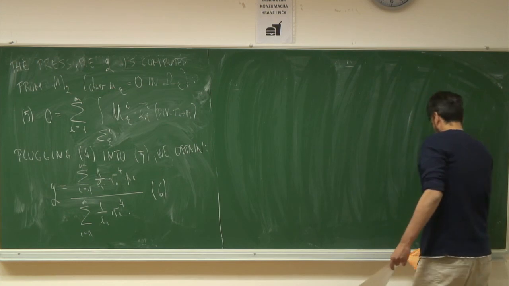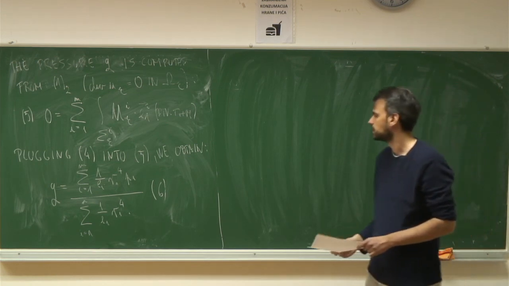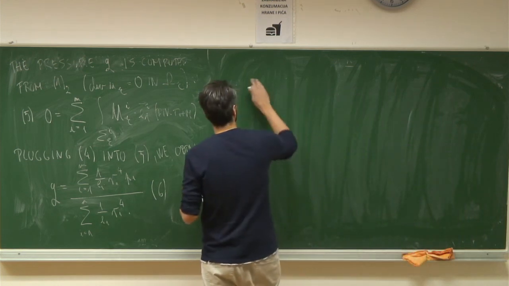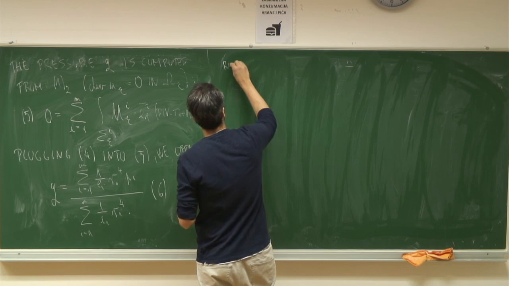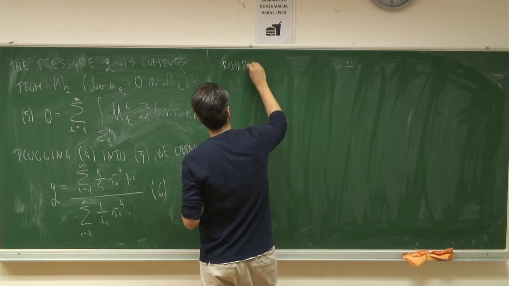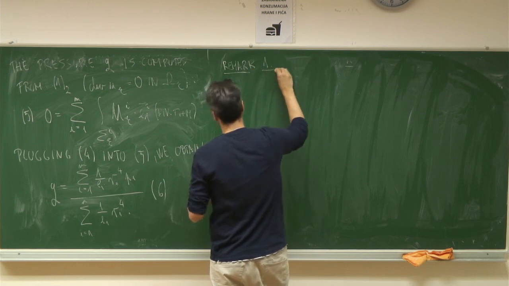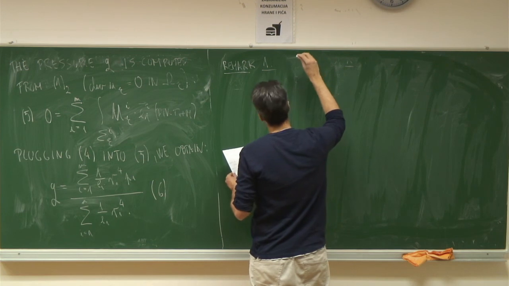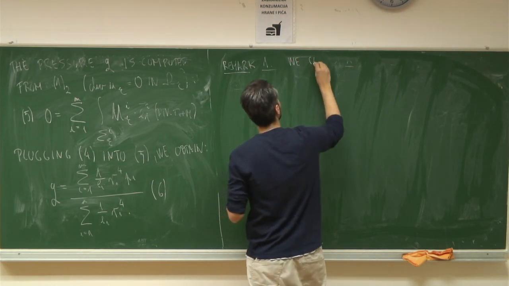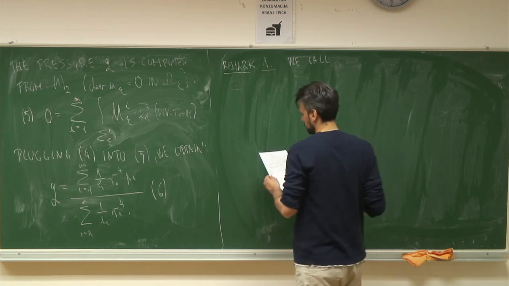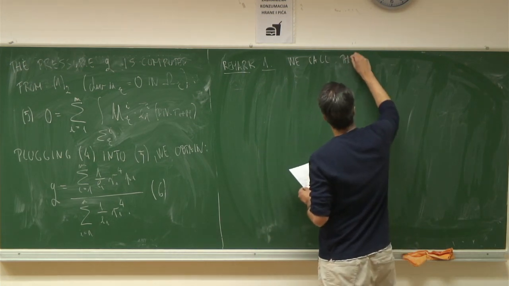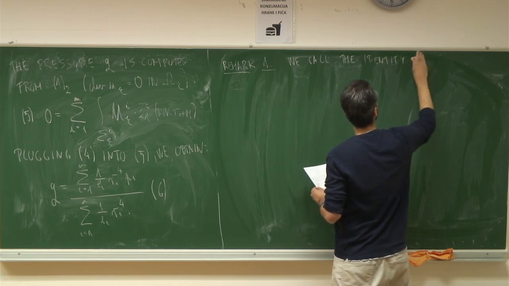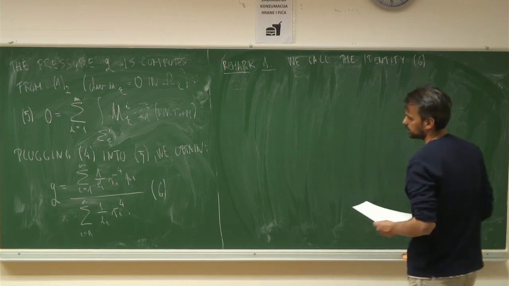Okay, so this is how you recover q. Let me just have two remarks here. So remark 1: we call the identity 6 the Kirchhoff formula.